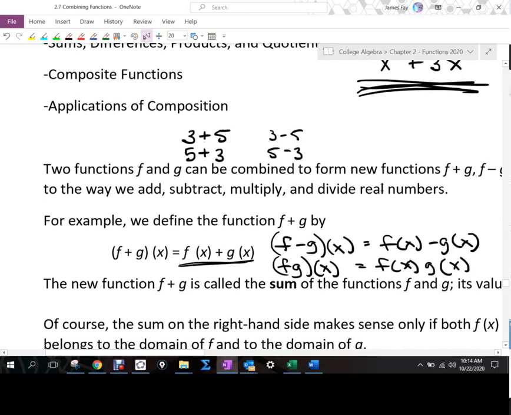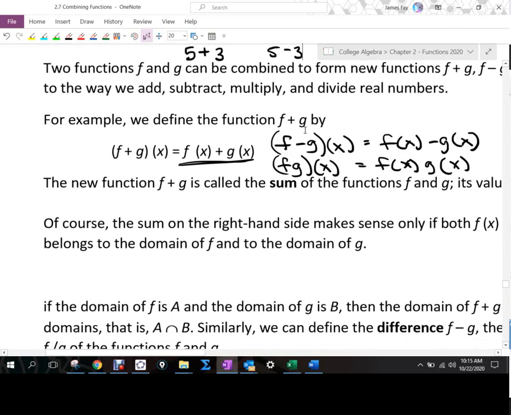The same properties hold for multiplication, because multiplication is repetitive addition, so multiplication is commutative. And division is just repetitive subtraction, so because subtraction was not commutative, division is not commutative. So we'll ask you little questions like that throughout homework.